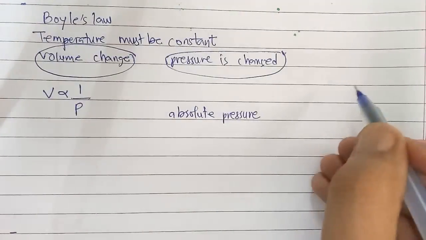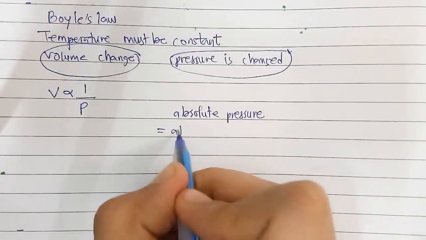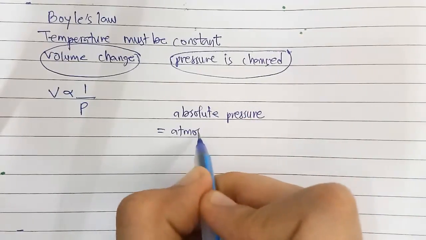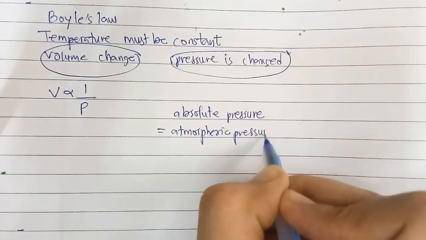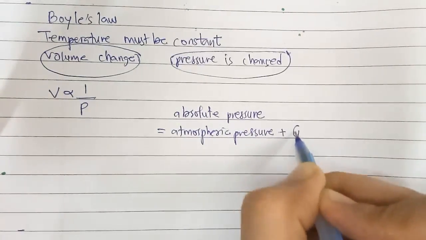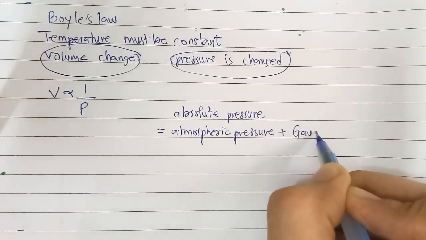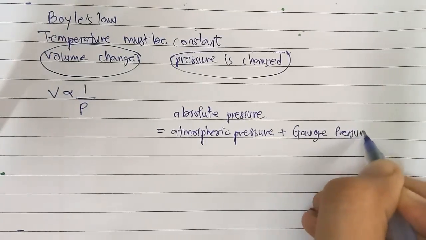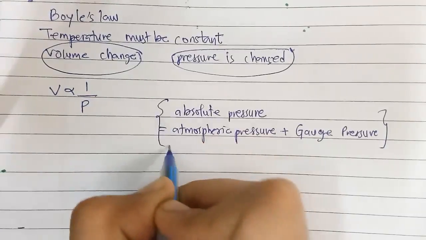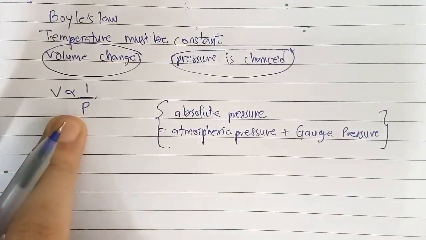And what is absolute pressure? Just remember, it is the addition of atmospheric pressure and gauge pressure. This is just a supplementary note, but the main thing is here.